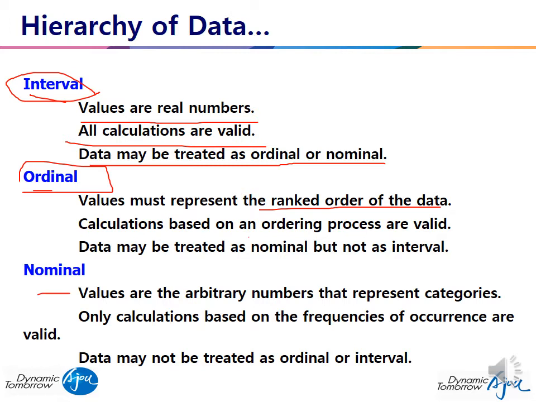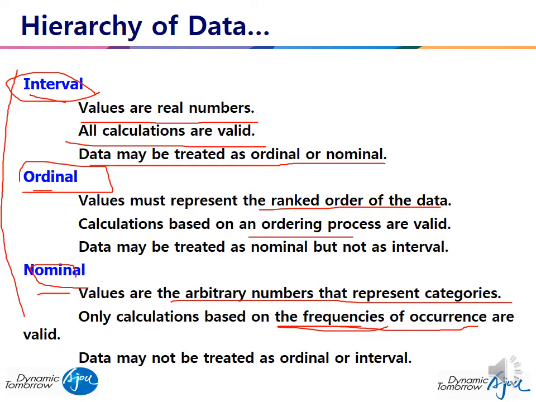Calculations based on the ordering process are valid. Data may be treated as nominal but not as interval. Nominal data values are arbitrary numbers that represent the categories. Only calculations based on frequency of occurrence are valid. Data may not be treated as ordinal or interval. That's the hierarchy of data: interval, ordinal, nominal.